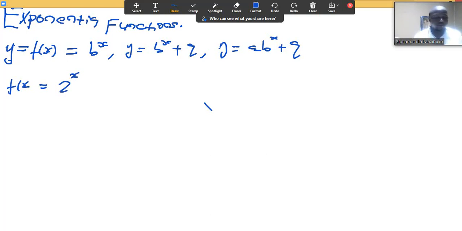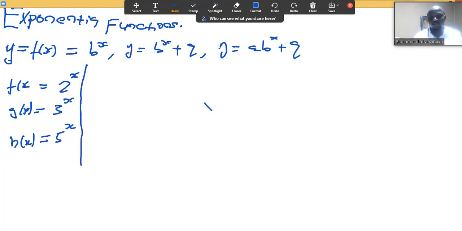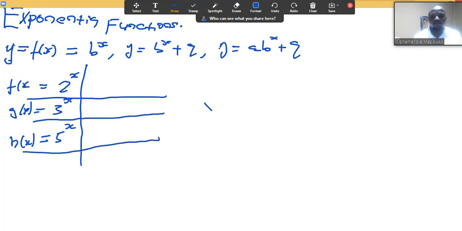We can also have g(x) equal to 3 to the power x, and h(x) equal to 5 to the power x. Let's look at the values of these graphs and separate them like that and see what we can get.